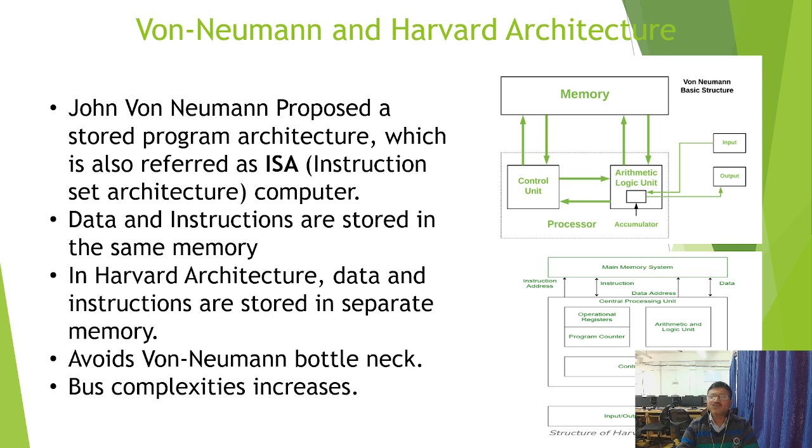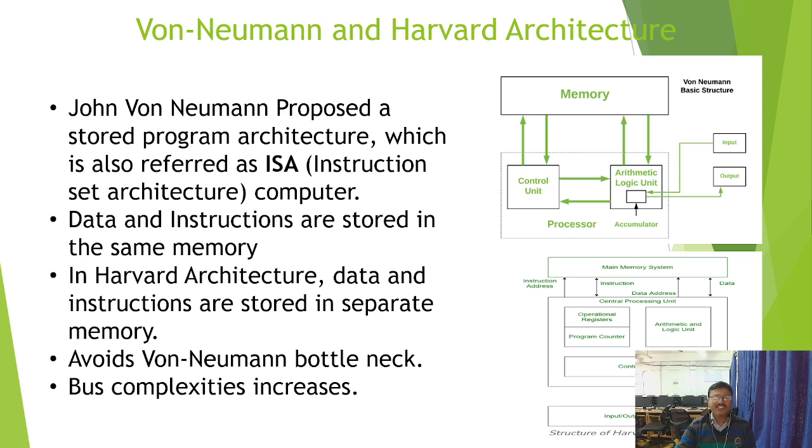But these two contemporary architectural models are still in use in today's computers as well, where every program to be executed by the CPU must be brought into the main memory first, and from main memory it will be executed one after another. With that concept, today's machines are also developed and used in reality.